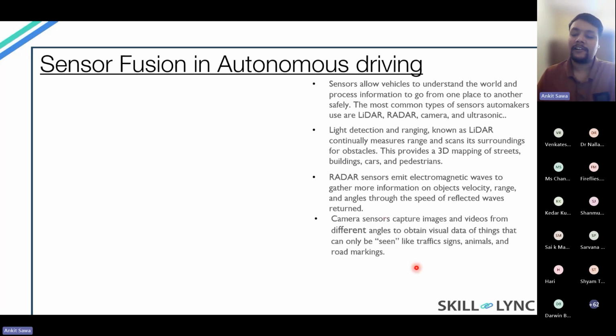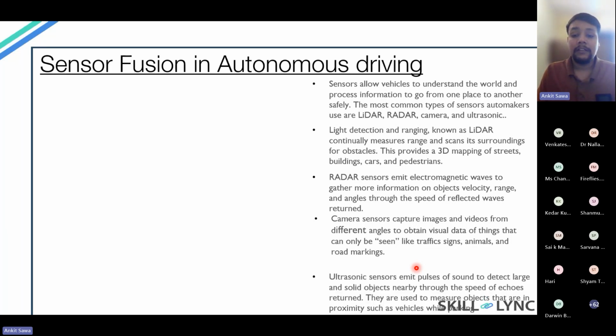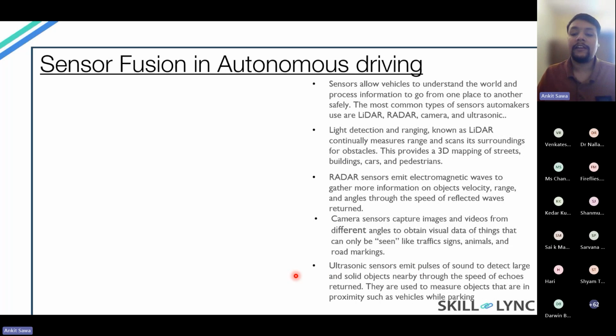Cameras are another type of sensor which capture images and videos from different angles to obtain visual data of things that can only be seen, like traffic signals, animals, road markings. These are also very important. And the ultrasonic sensors emit pulses of sound to detect large and solid objects nearby through the speed of echoes, right?